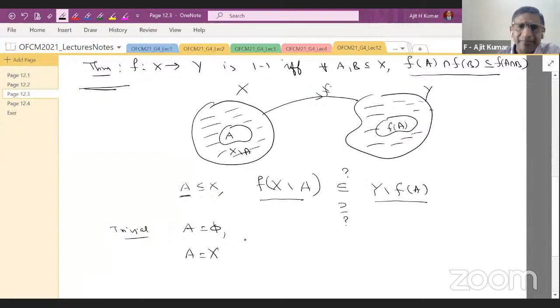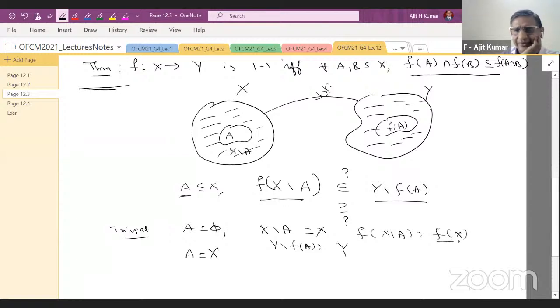So if A is the empty set, what does it say? Then X minus A will be the whole of X. So f of X minus A is nothing but f of X. On the other hand, Y minus f of A, where f of A is empty, is nothing but Y. Okay.